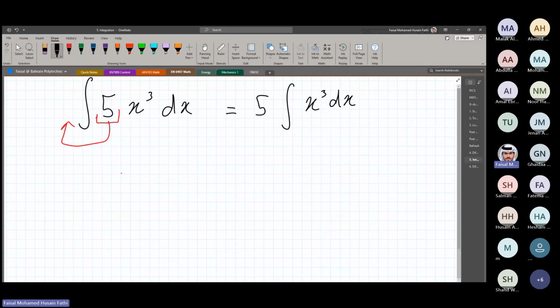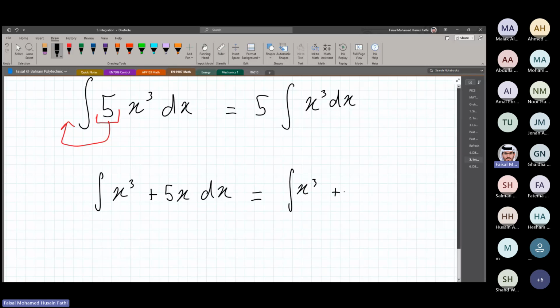Again, another thing, if you have, for example, this integration, you can split it into two separate integrations. So this is the same as saying the integral of x cubed dx plus the integral of 5x dx.